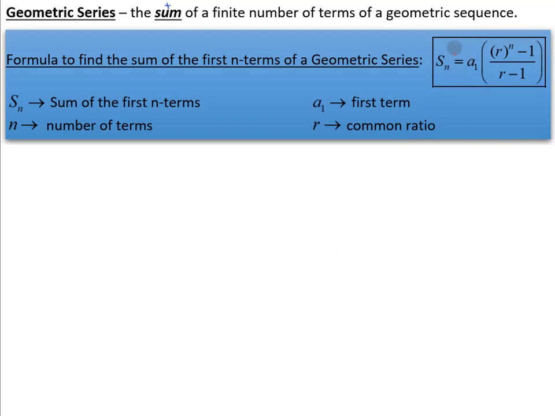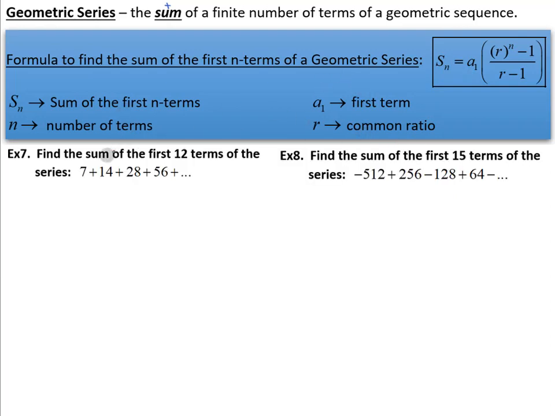Now it's a little different than the arithmetic one. In this case, we need the first term, like we did before, but I don't need to know the last term. Instead, all we need to know is the common ratio, which goes in 2 places here, and the number of terms, how many terms we're adding up. So that's it. First term, common ratio, and the number of terms.